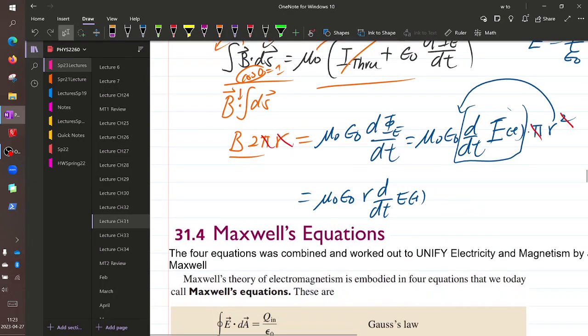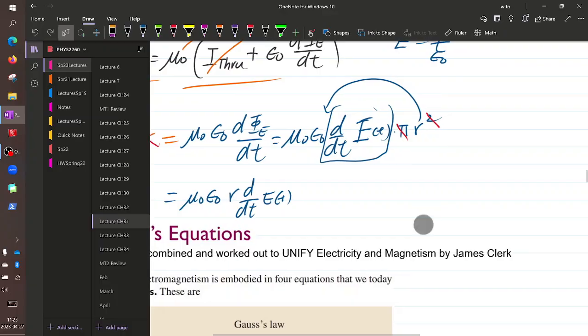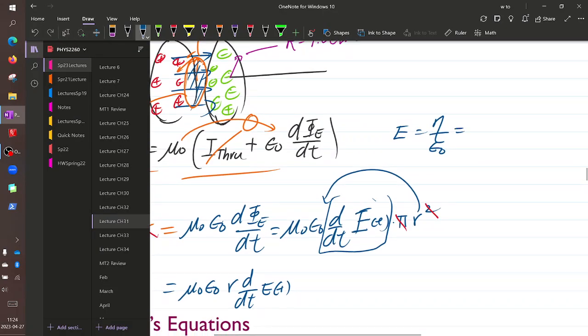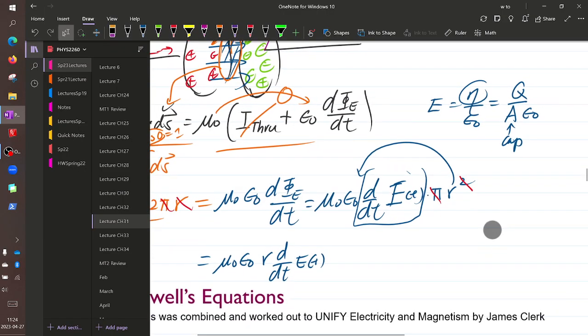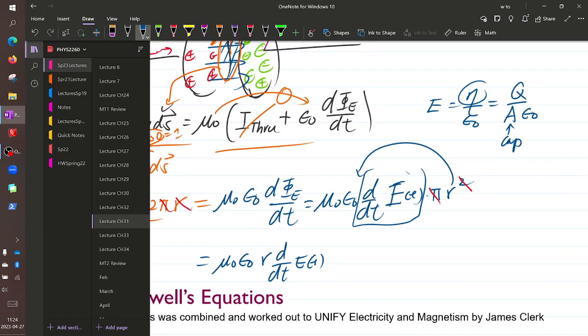So the electric field is going to be whatever the charge density is, which is the charge divided by the area of the capacitor plate, divided by epsilon naught. So therefore, we can plug this in here. Mu naught epsilon naught r. Still a time derivative we have to deal with.